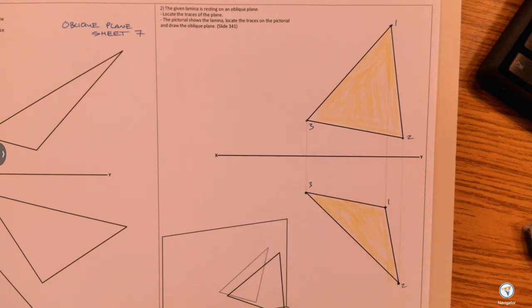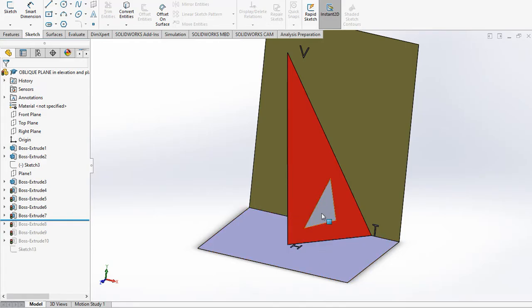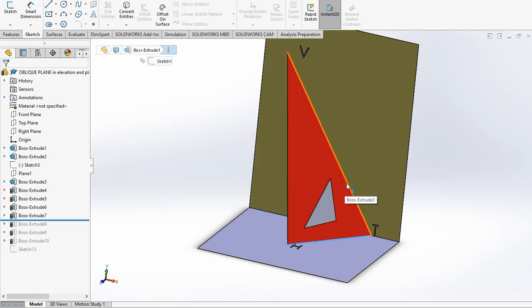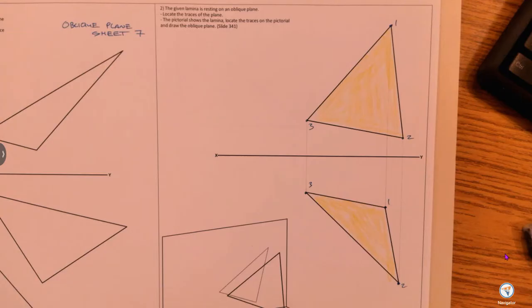In midair, we can't find the traces. To go about finding the traces, we're going to take our plane and pretty much extend it. If I extend it down, it's going to hit the ground at the horizontal trace. If I extend it back the way here, it's going to hit the vertical plane at the vertical trace. So we're going to make the lamina bigger. To do that, I'm just going to extend the lines.